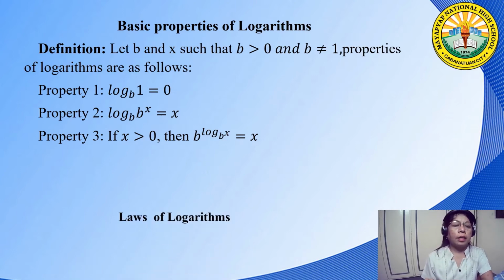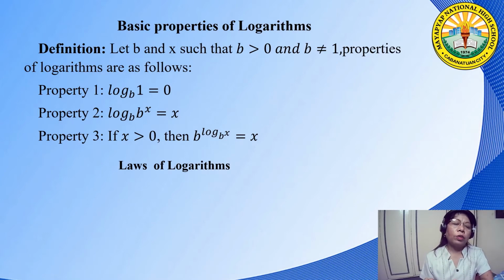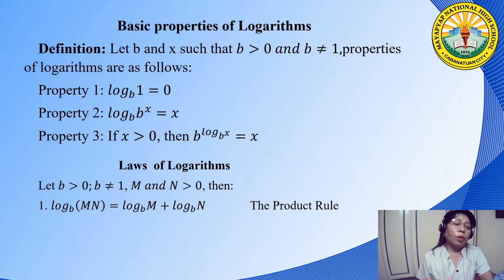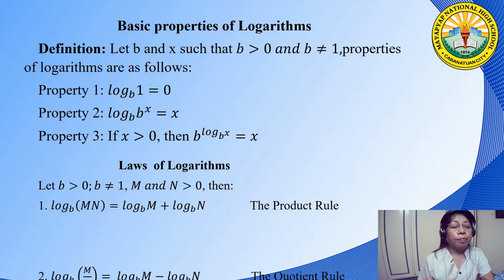And for the laws of logarithms, there are laws that we need to consider. Let b be greater than 0, b not equal to 1, and m and n greater than 0. Then we have logarithm of mn to the base b equals logarithm of m to the base b plus logarithm of n to the base b. So that is the product rule.